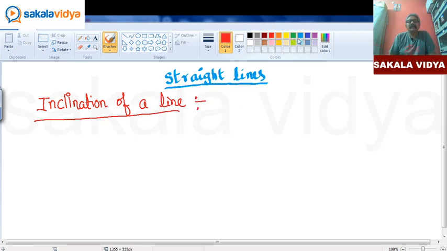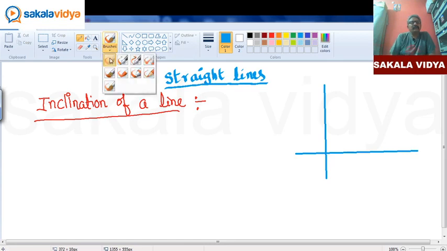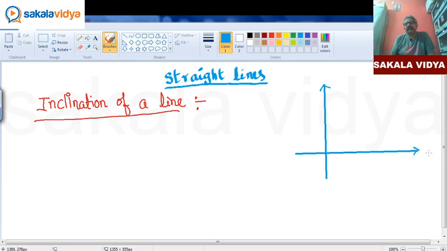See, take the coordinate axis. This is x axis, this is y axis, say y dash, this is origin. So, for example, you draw a line like this.